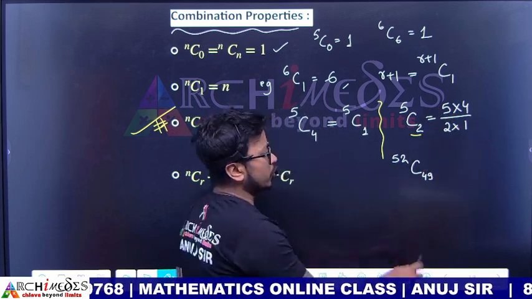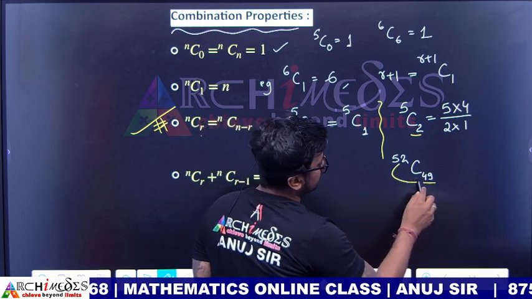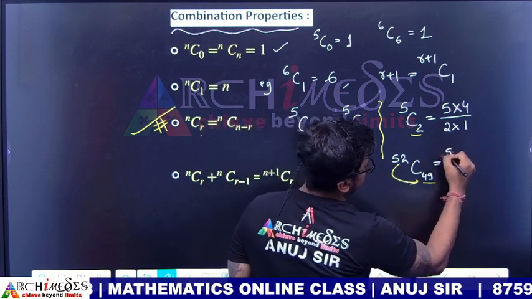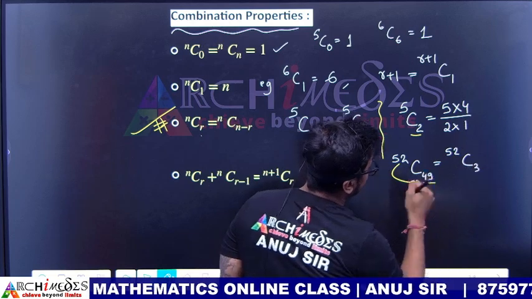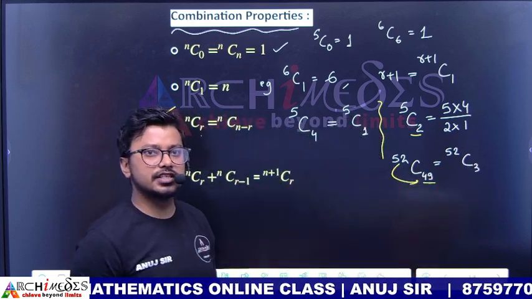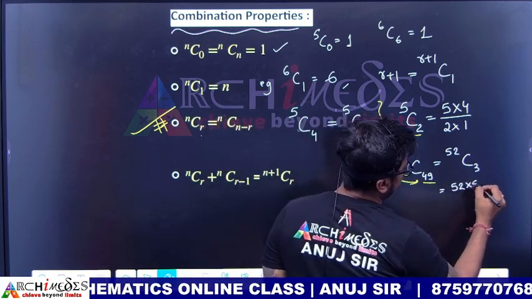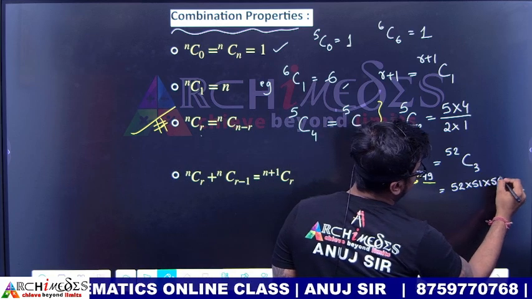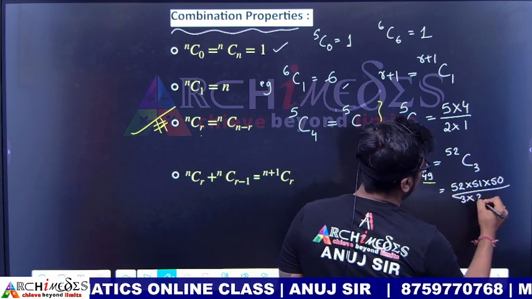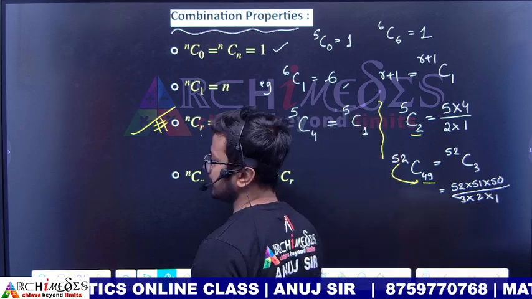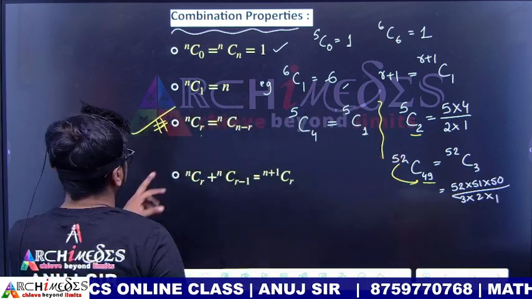So the best approach, whenever the base is very big, is to subtract it from the top. You can convert this to 52C3 as well. This minus this. Now it is easy to solve. You just have to write 52, then 51, then 50, then 3, 2, 1. Then simplify it, you'll get the answer. Am I clear? Any doubt?